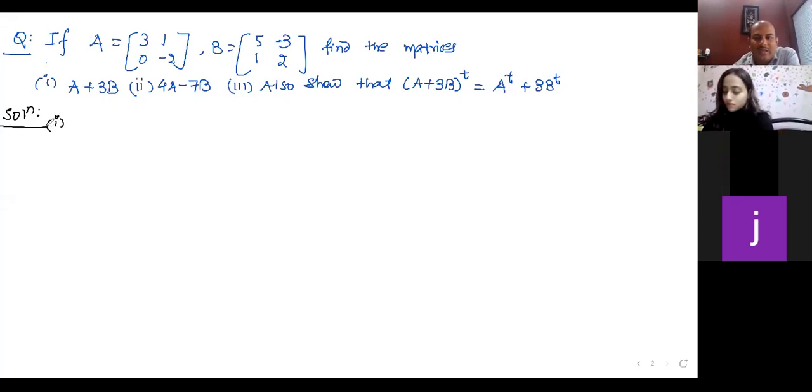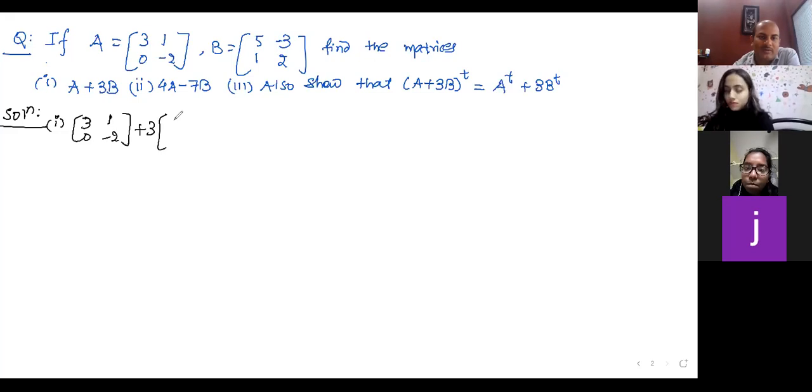Solution of the first part: A plus 3B. That is 3, 1, 0, minus 2 plus 3 times B, that is 5, minus 3, 1, 2.